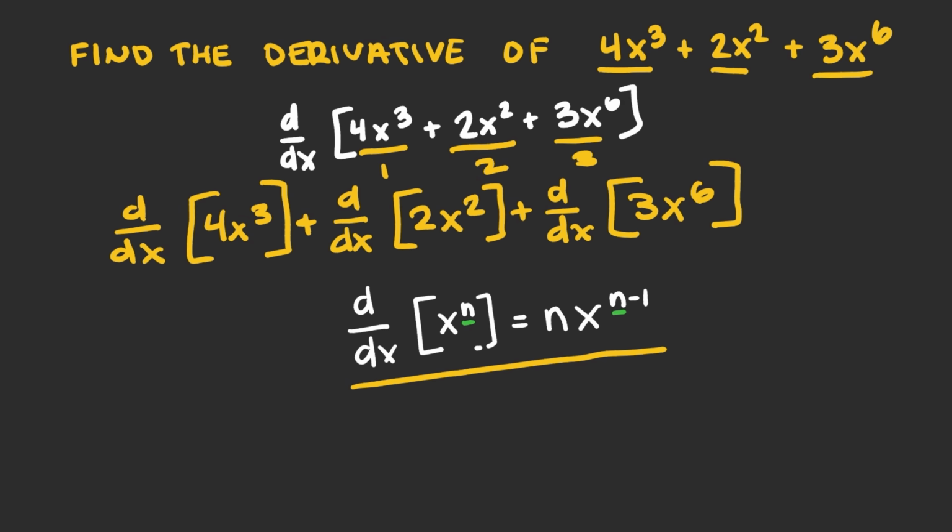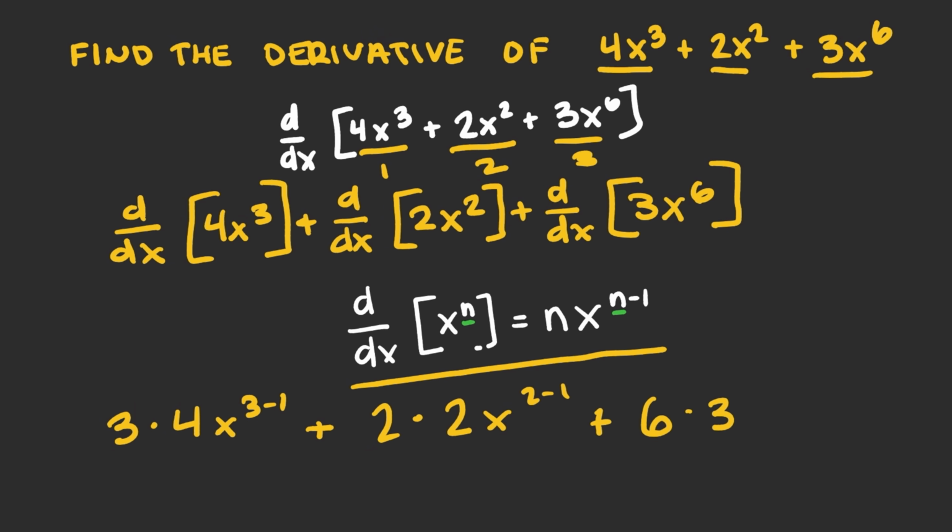For the first term, it would be 3 times 4x, 3 minus 1, plus 2 times 2x, 2 minus 1, plus 6 times 3x, 6 minus 1, which would just simplify.